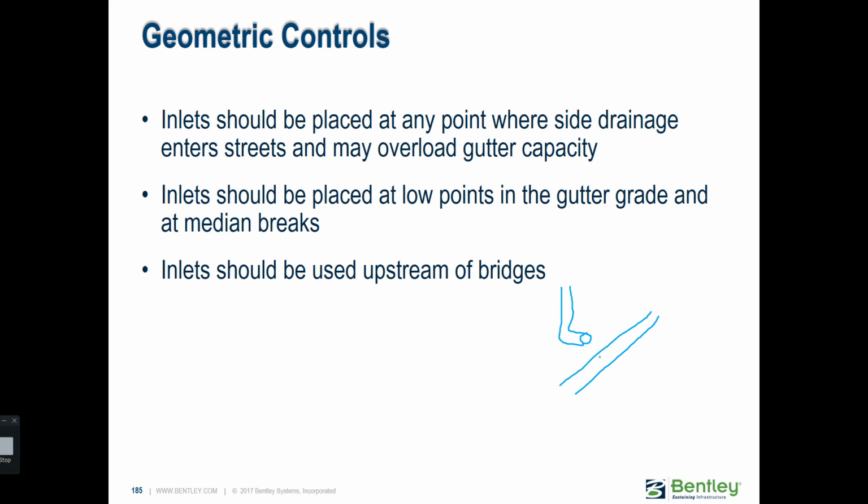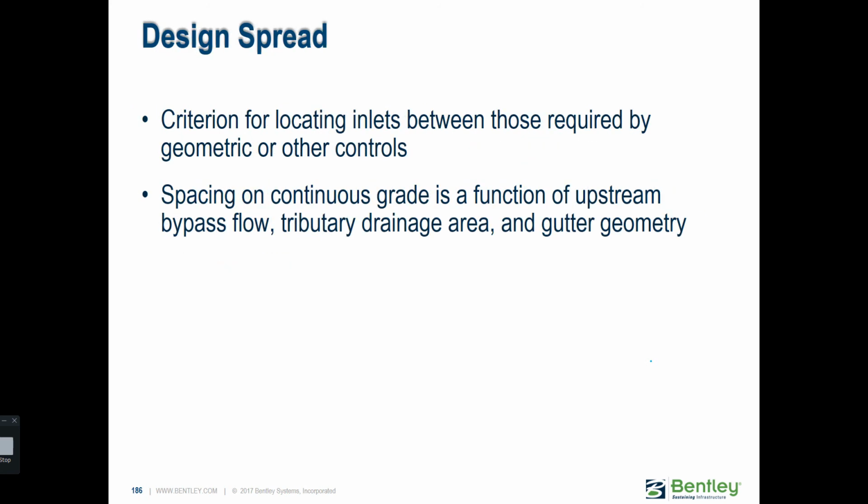Ideally, you don't want that big flow to just circulate on your gutter and create a hazard, so you want to put an inlet right there. Low points, obviously, we talked about that. And before a bridge, you want to put an inlet as well, so you're not having water on the bridge.